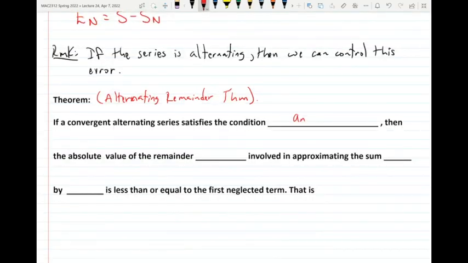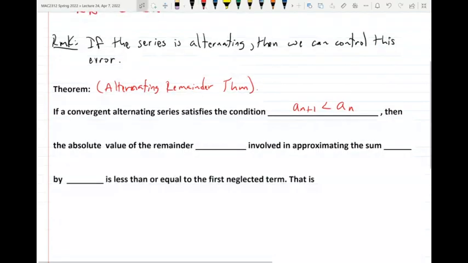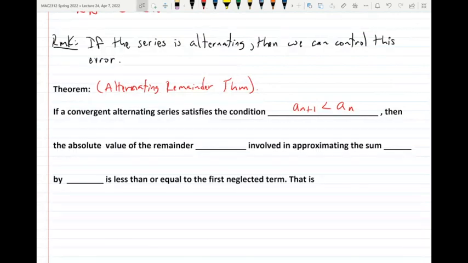We need a(n+1) to be less than an. This, of course, you know is going to be guaranteed anyways, right? Because remember that you need this sort of monotonicity if you want the series to converge, okay?